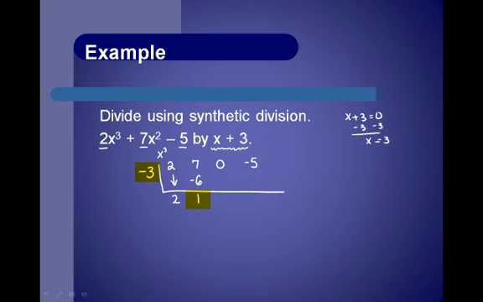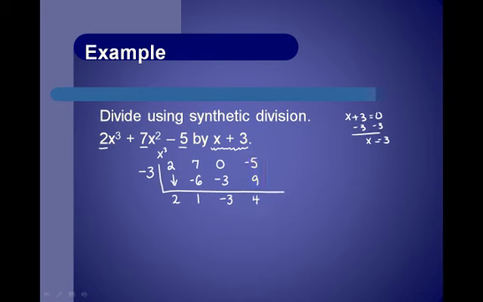Then you multiply again. -3 times 1 is -3. Then you combine that column. 0 minus 3, or 0 plus a -3, is -3. Then you multiply again. -3 times 3 is +9. -5 plus 9 is 4.